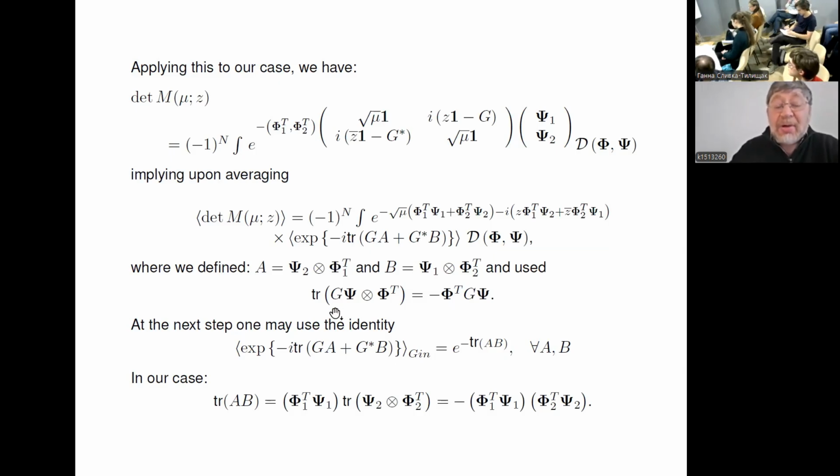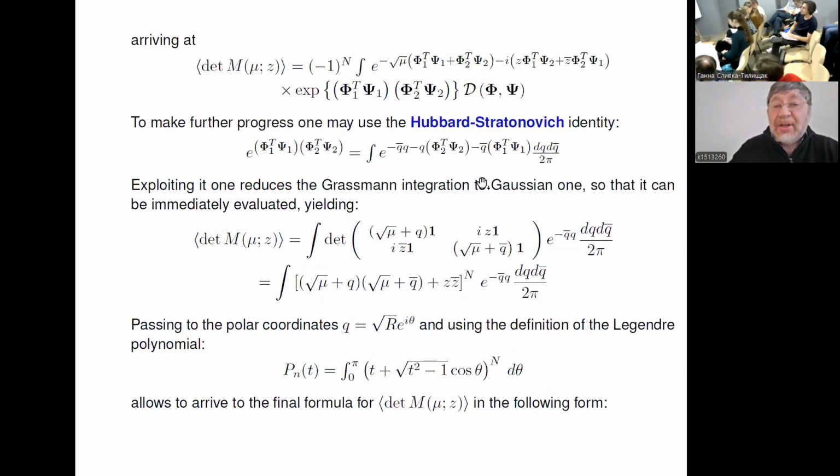It's very easy to calculate the trace of their product. We immediately see that this is the product of two scalar products, phi 1 with psi 1 and phi 2 with psi 2. So in this way, we basically performed this ensemble average in the most efficient and economic way. So this is the result.